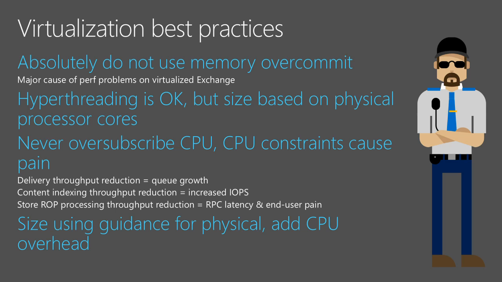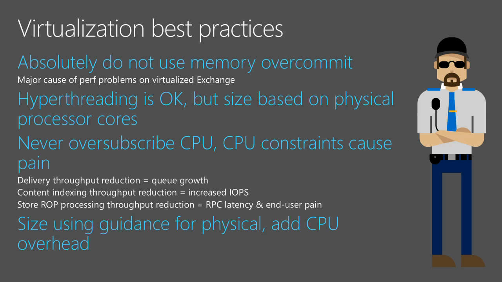So key things to be aware of when it comes to virtualization and performance. Absolutely do not use any sort of memory overcommit technology. We're talking about dynamic memory for Hyper-V and any of the options that are available with other hypervisors that allow you to configure a larger amount of memory than you actually have. There's some kind of cool things that a hypervisor can do behind the scenes to make that work.